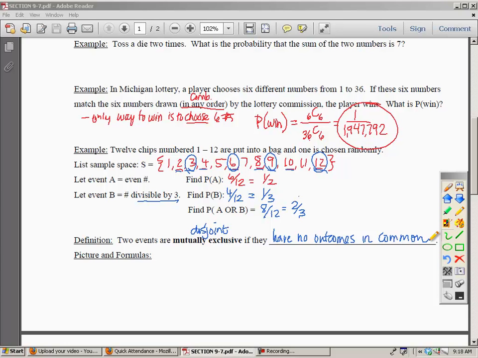Now, there are two formulas that we want you to know, okay? And I'm going to do it in terms of a Venn diagram. Venn diagram means that you're dealing with circles that overlap. So I'm going to call this first one event A, the second one event B.